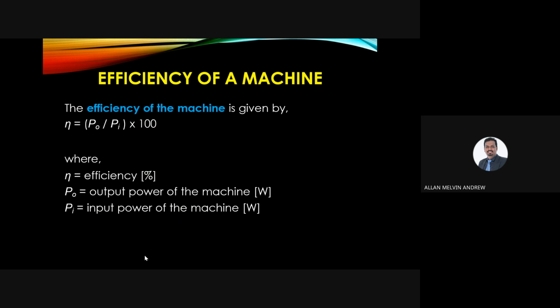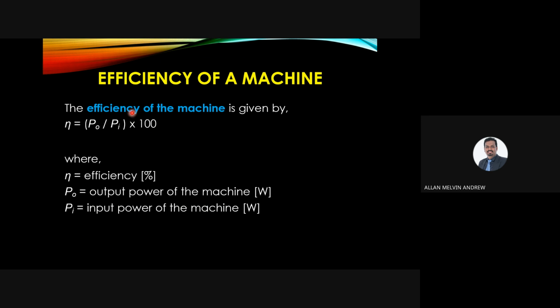Later on, when we work as an engineer, we need to ensure that the machine we are producing or buying has an efficiency which is easy to maintain and also fulfills the need of the company.